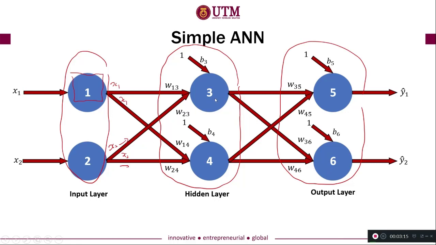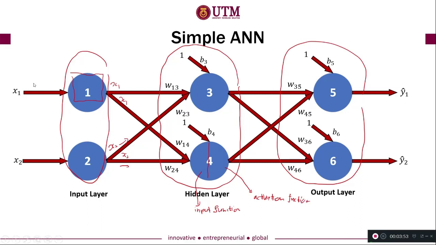When I say they consist of neurons, it means that each neuron has an input function, and then another function called the activation function. Each and every neuron will have both functions, but in the input layer you don't have that.